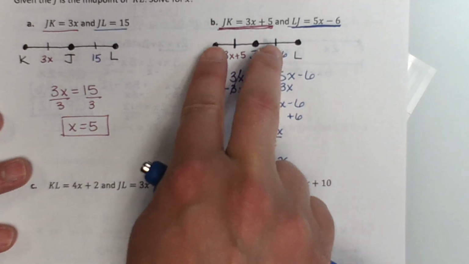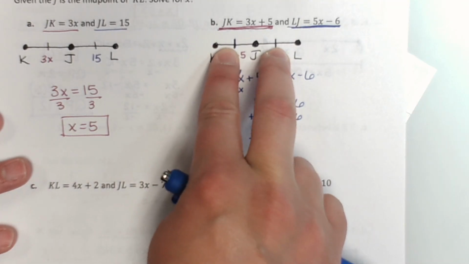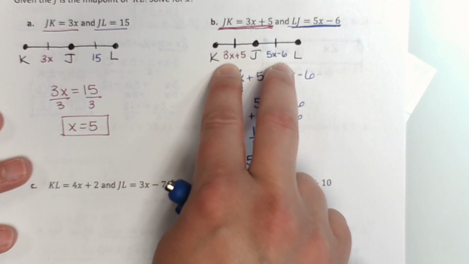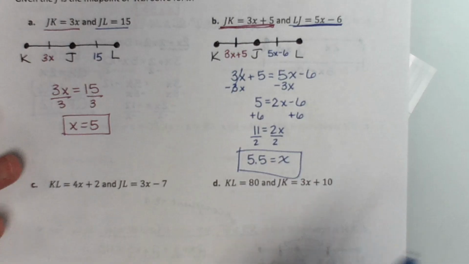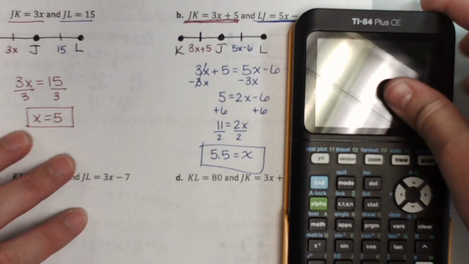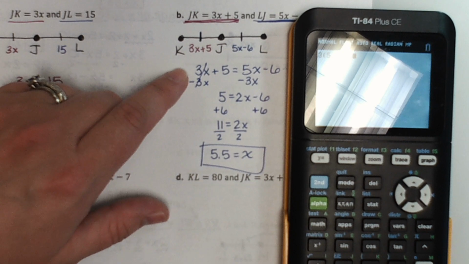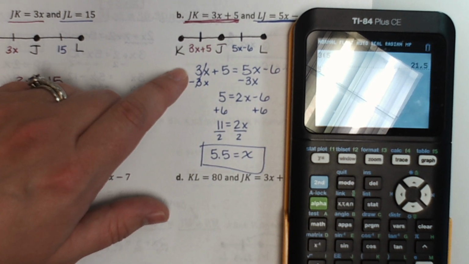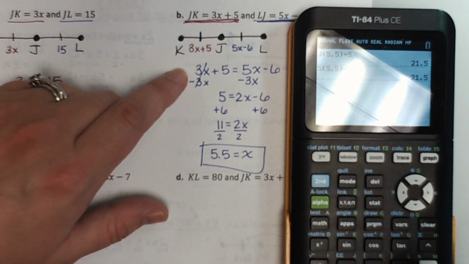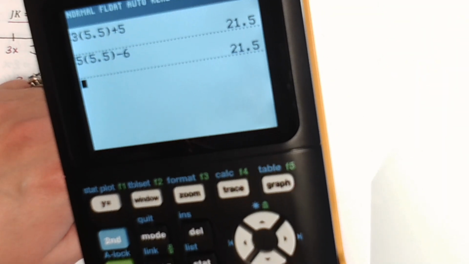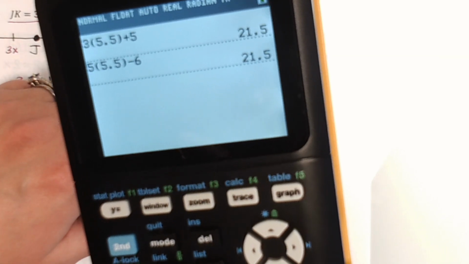That being said, if these two are congruent, shouldn't we get the same thing for each of these when we plug it in? Yeah. And if you're ever not sure, if you're ever like, 5.5 doesn't seem right, I think I screwed up, plugging back into both of them can be a way to check your answer. Because when I plug it back into both of them, I get the same thing, which is an indication you did things right.